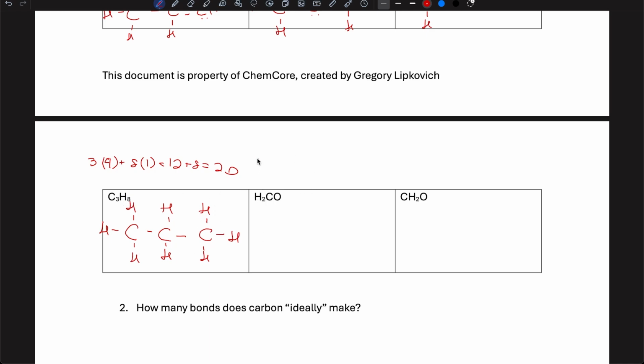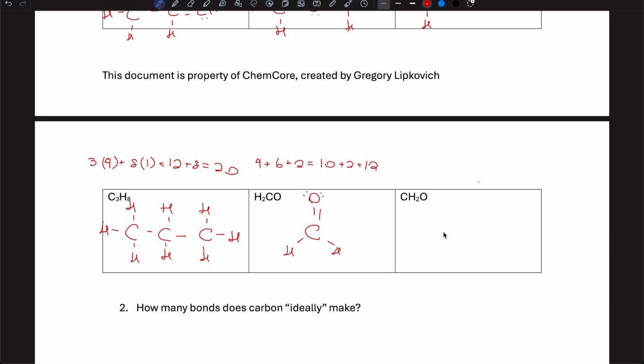Second to last problem, we have 1 carbon, 1 oxygen, and 2 hydrogens, which add up to 10 plus 2, 12 total valence electrons. And so if we tried to put this in the center, we already did this problem before. I didn't notice that I put a duplicate. But it would end up looking like this.